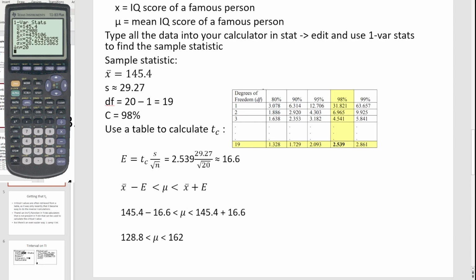Our confidence interval is in the form x bar minus E is less than mu is less than x bar plus E. And this is 145.4 minus 16.6 is less than mu, which is less than 145.4 plus 16.6. So we end up getting 128.8 is less than mu, which is less than 162 as our confidence interval.